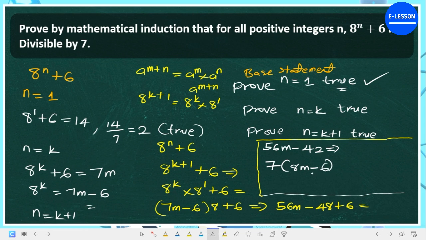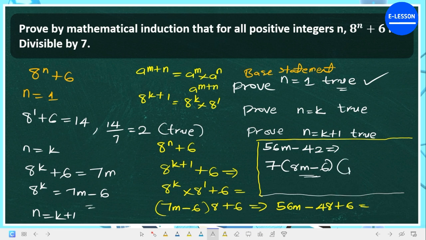8m minus 6. So we said that these ones are some integers. Are we getting it? They are integers; they are variables and can be anything. But the main fact is that we can divide this whole thing by 7. True or false? If we divide this by 7, 7 will cancel 7, so we are left with 8m minus 6.